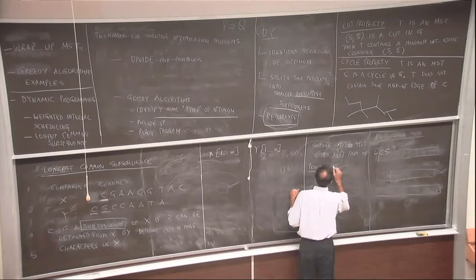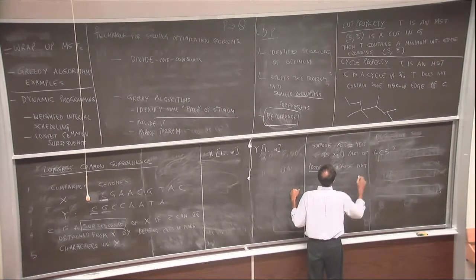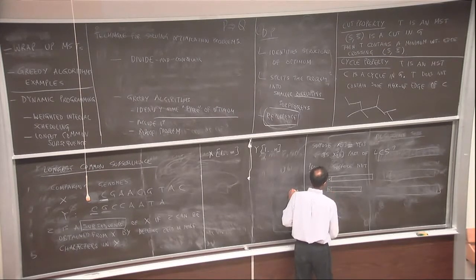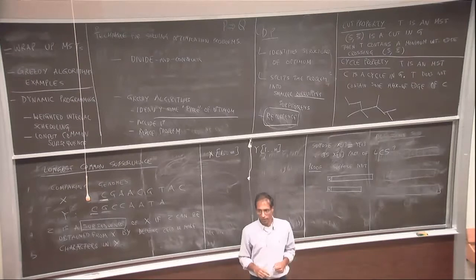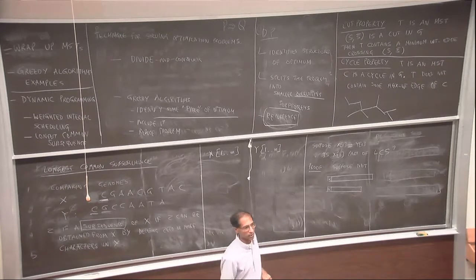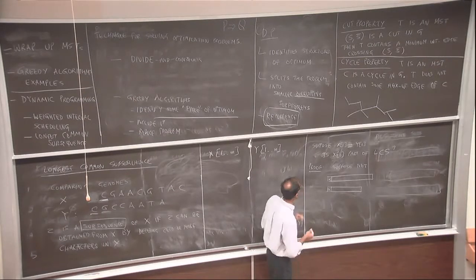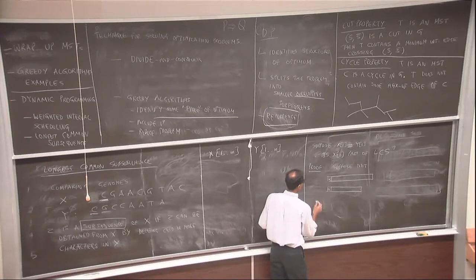Okay, suppose now so here is your x, here is your y. These two are the same characters, alpha. We are trying to claim that this is indeed part of the longest common subsequence. Suppose it's not.